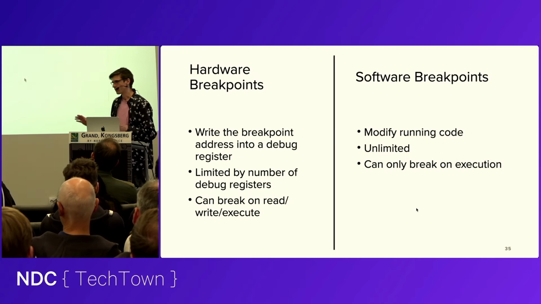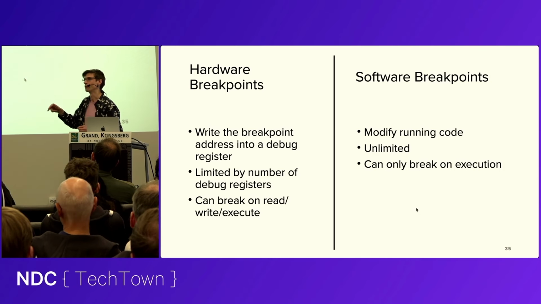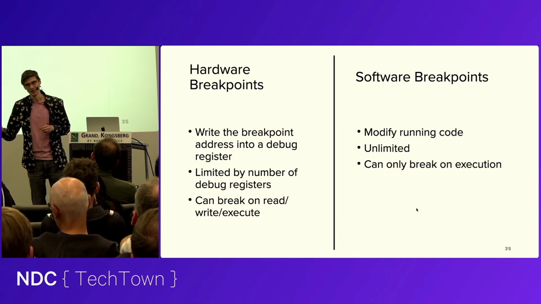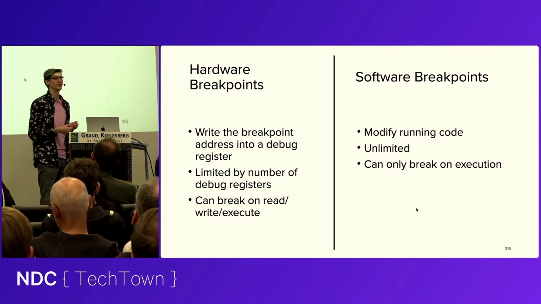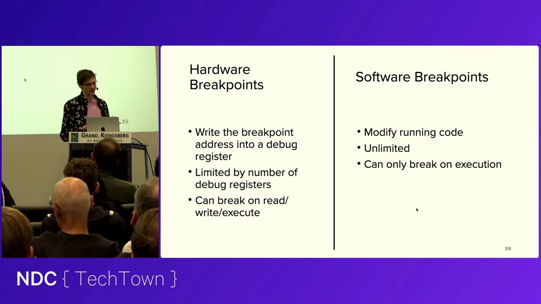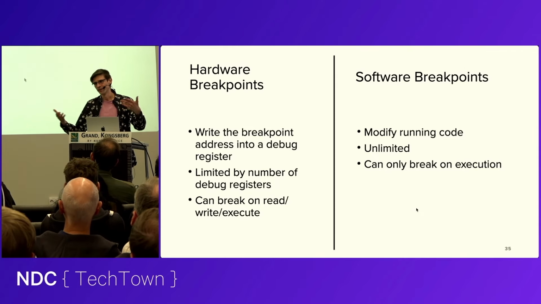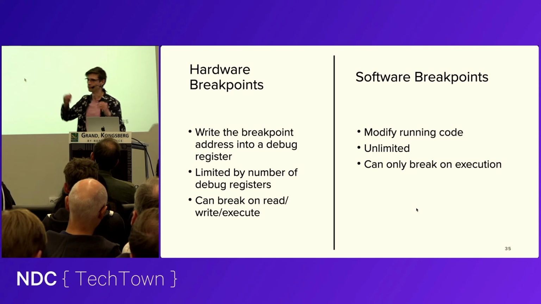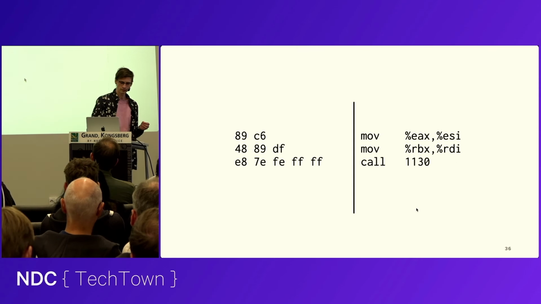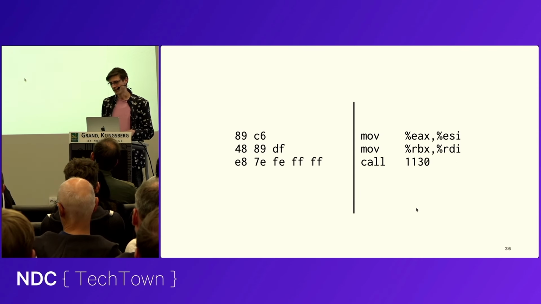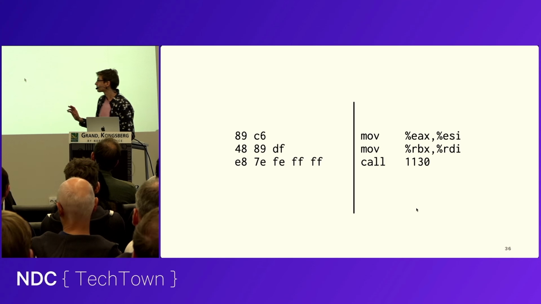With software breakpoints, you actually modify the code that is running in your system on the fly in order to set a breakpoint. They're theoretically unlimited, but they break on execute, not by reading or writing. So let's look at an example.